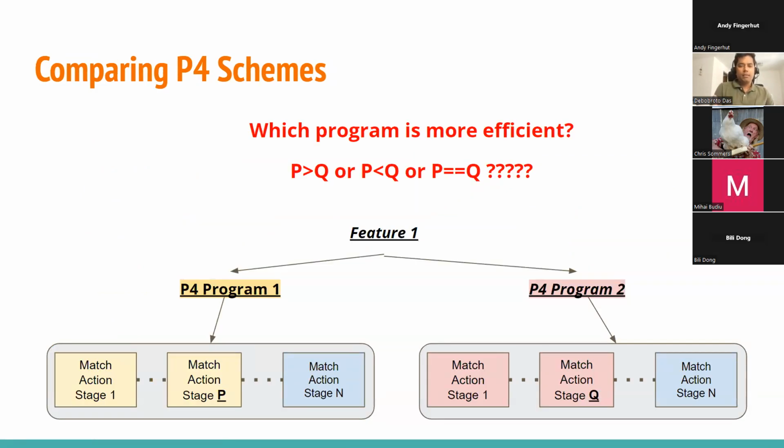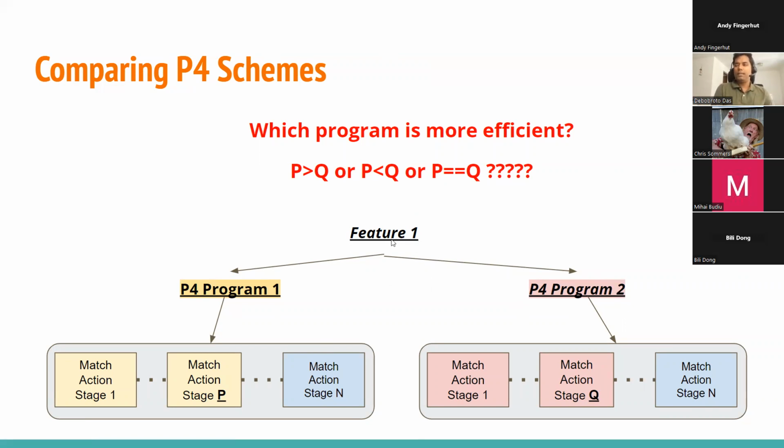Then say we have an in-network computation or any other feature we want to implement in a switch. Now, people propose different algorithms for implementing the same features. Say we have P4 program 1 and another P4 program 2.